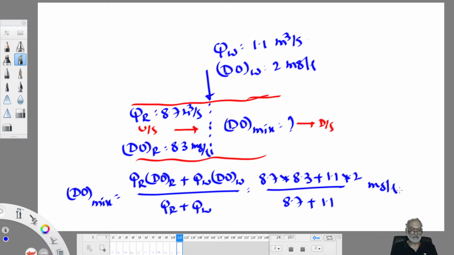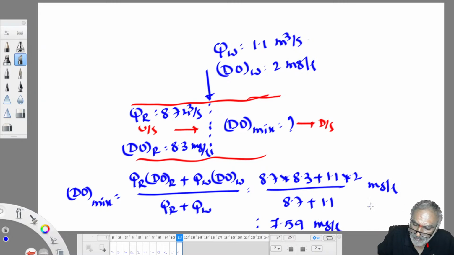So 8.7 into 8.3 plus 1.1 into 2. So it is 7.59 milligram per liter. So immediately after mixing, its concentration is 7.59 milligram per liter.